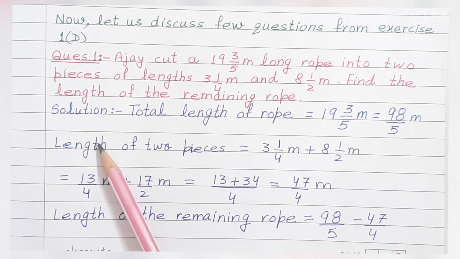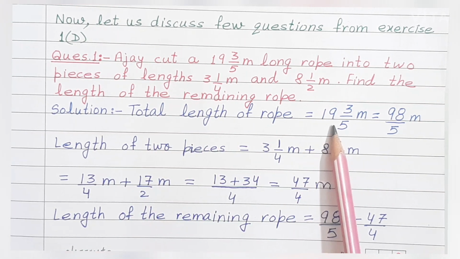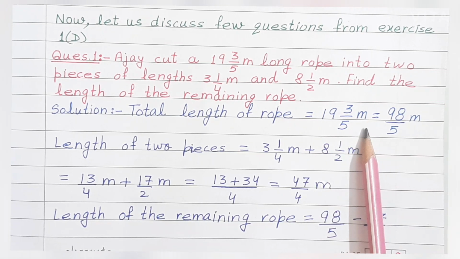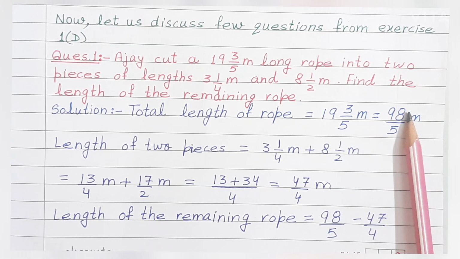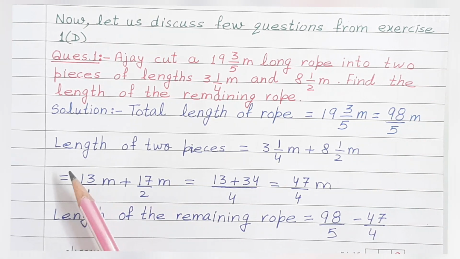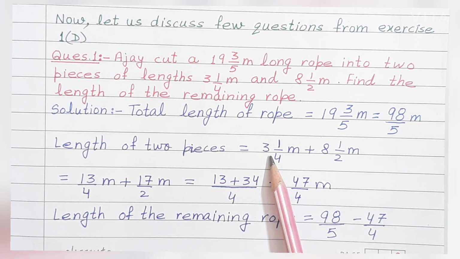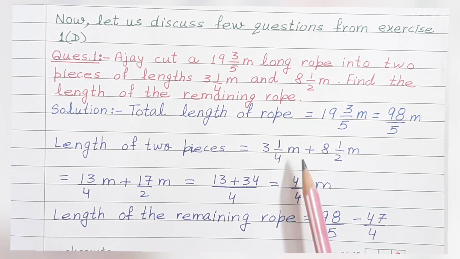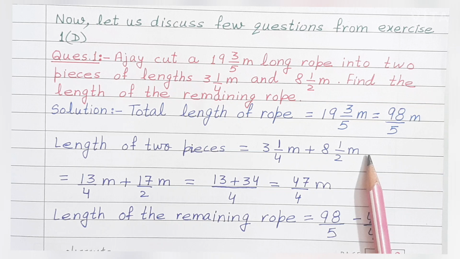So the solution here is total length of rope is 19 3/5 meter, that is equal to 98/5 meter. Now length of two pieces is 3 1/4 meter plus 8 1/2 meter.